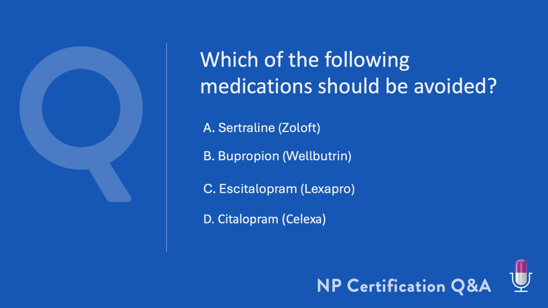And as I'm sure you've heard this several times already, an important part of your certification exam is ensuring that you are safe to enter practice and that you can identify right off the bat what should be avoided or what is unsafe in certain patients. Nuances amongst best choices will develop and come over time.